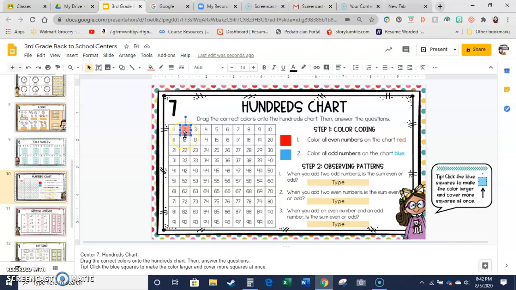See how it turns into 2 long arrows? I can pull it all the way down to just cover my even numbers, because that whole row is going to be even. If you notice, all the numbers in the ones place is a 2.